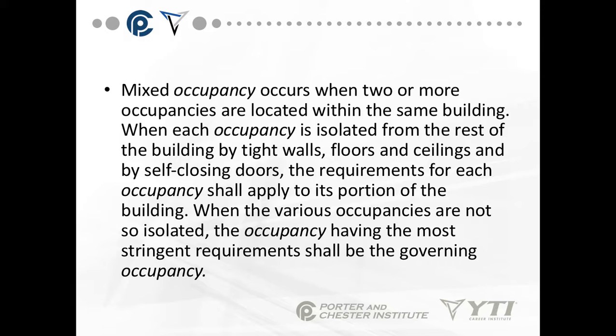When each occupancy is isolated from the rest of the building by tight walls, floors, and ceilings, and self-closing doors, the requirements for each occupancy shall apply to its own portion of the building. When various occupancies are not isolated, the occupancy having the most stringent requirements shall be the governing occupancy.